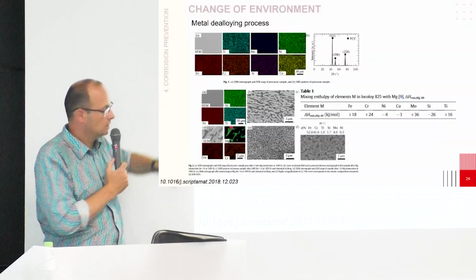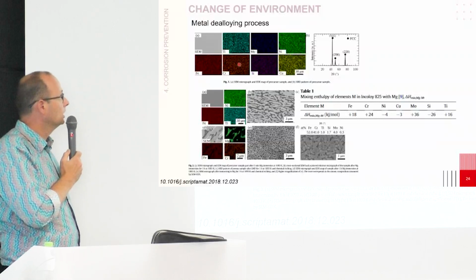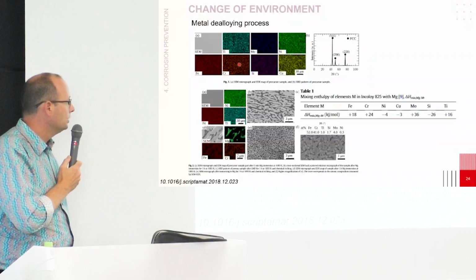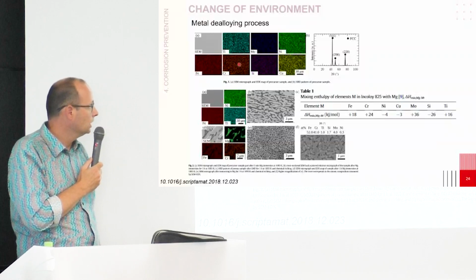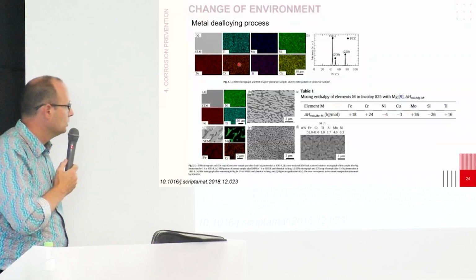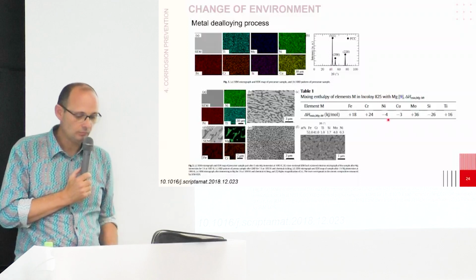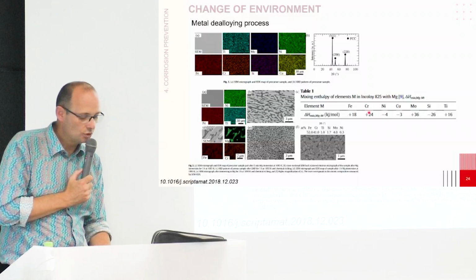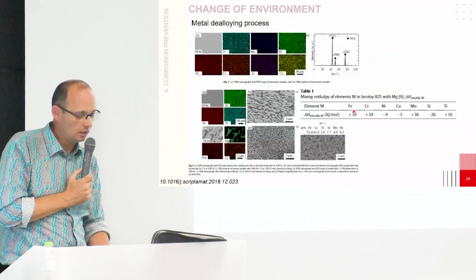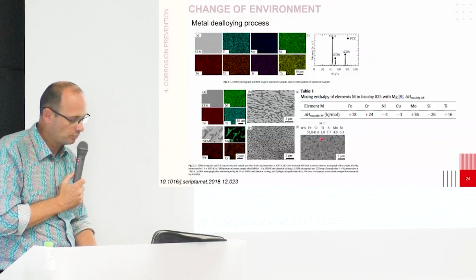The first one is a material containing iron, nickel, and chromium, and using the technology of dealloying, metal liquid dealloying, what you are doing is dissolving the nickel and keeping just the iron and chromium, and you generate this kind of ligaments.